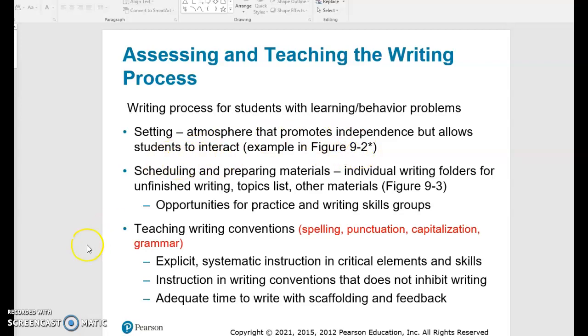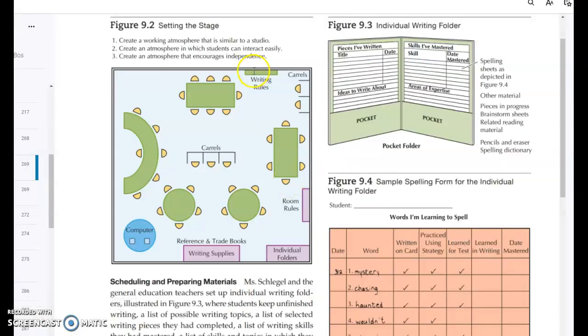So I want you to look at Figure 9.2, and I have it here for you. Think about creating an atmosphere that is similar to a studio, in which students can interact easily and which encourages independence. There might be some writing carrels, some tables where they can work together, some round tables, some rectangle tables, whatever you have.